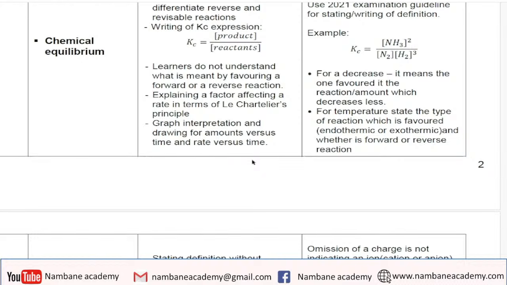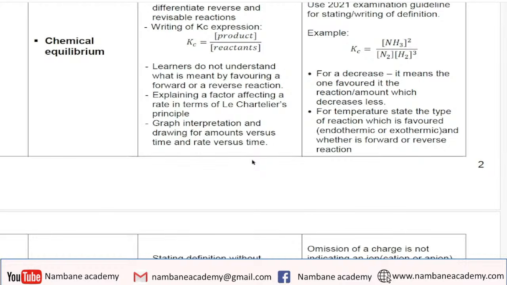There are three things that can influence the state of equilibrium: concentration, pressure, and temperature. Those are the three disturbances that can influence, not the rate, but the state of equilibrium. So whenever any of these changes is imposed on equilibrium, our equilibrium will oppose that change.